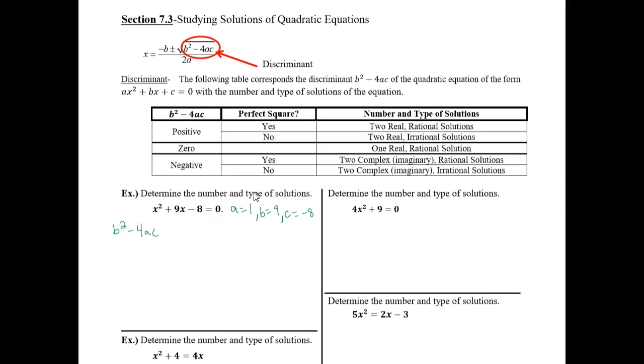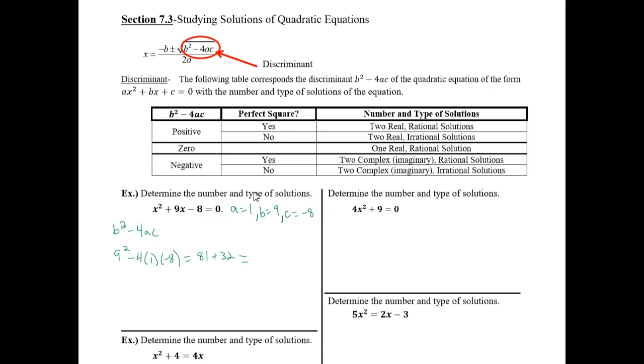So filling in what we just found for a, b, and c, 9 squared minus 4 times a times c. 9 squared is 81. Negative 4 times 1 times negative 8 will be a positive 32.